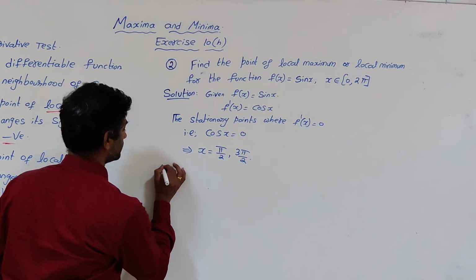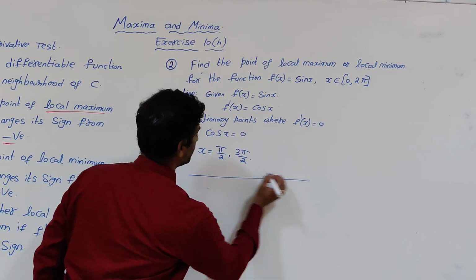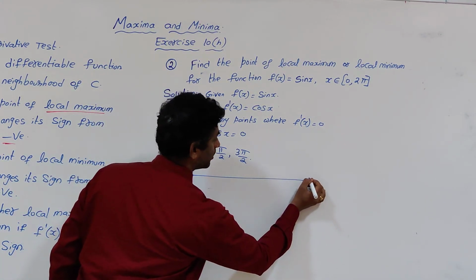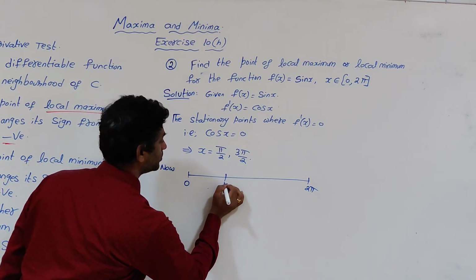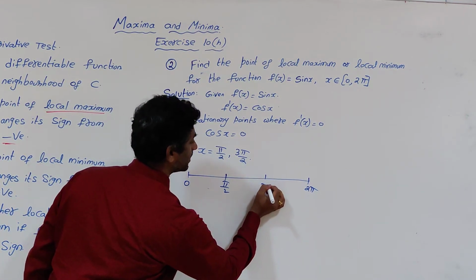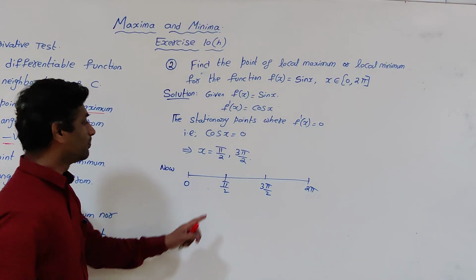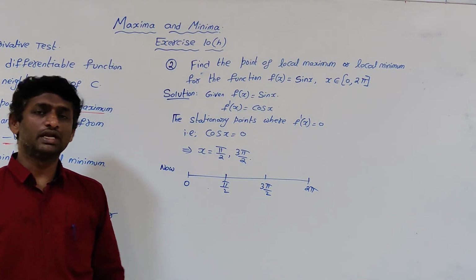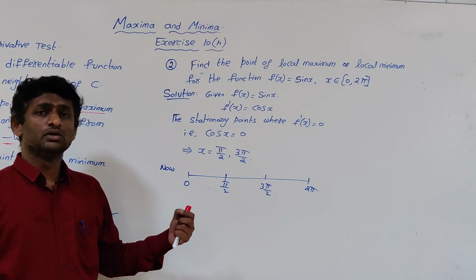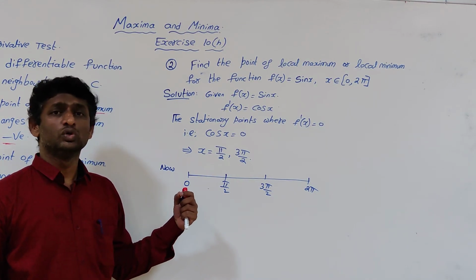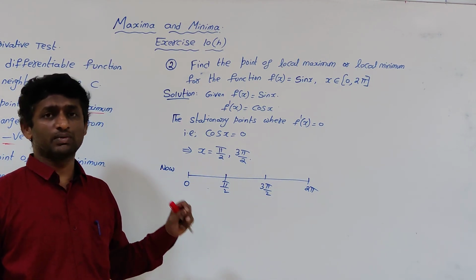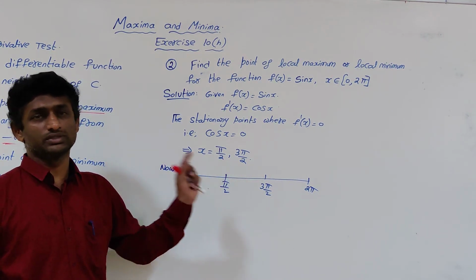Now, divide from where to where? Take the domain, that is from 0 to 2 pi, and choose pi by 2 and 3 pi by 2 in the domain. So pi by 2 and 3 pi by 2 are the critical points. Now we have to find out whether the derivative changes its sign from positive to negative or negative to positive.